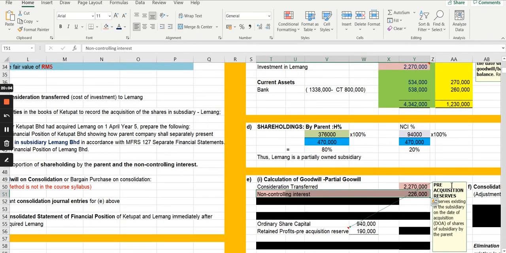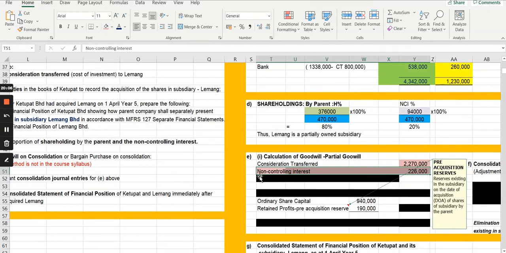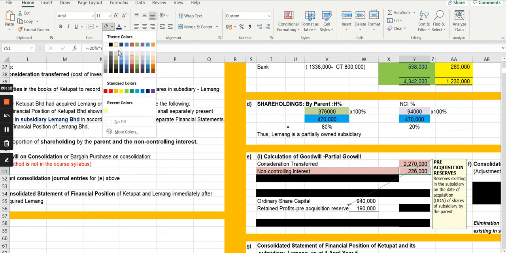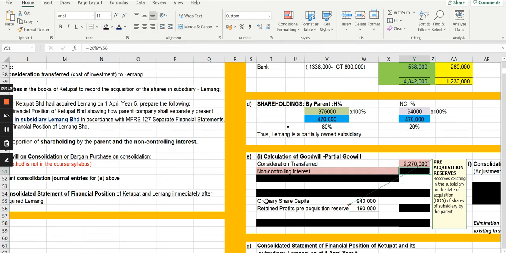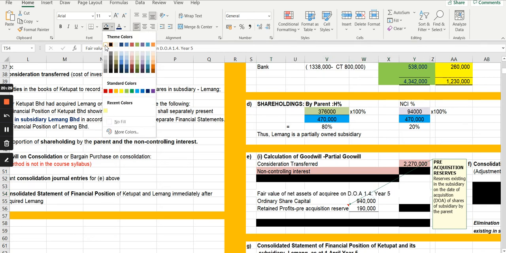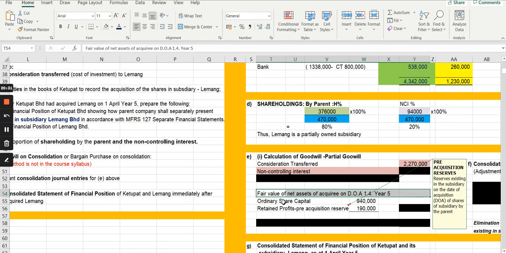So 2270 plus 226, how do you get that? Before you can get this figure, you need to first calculate the fair value of the net asset. The fair value of the net asset is the share capital and the reserve existing in the subsidiary company on the date the shares were acquired.